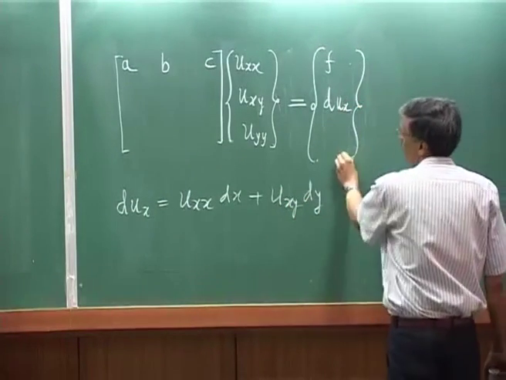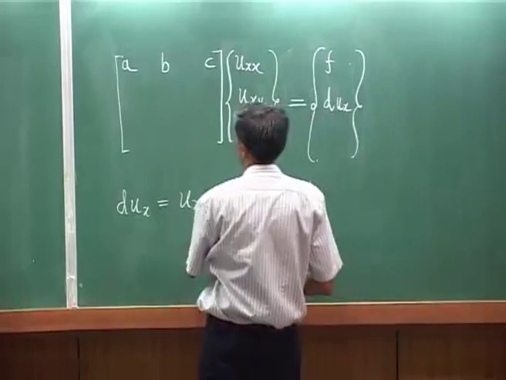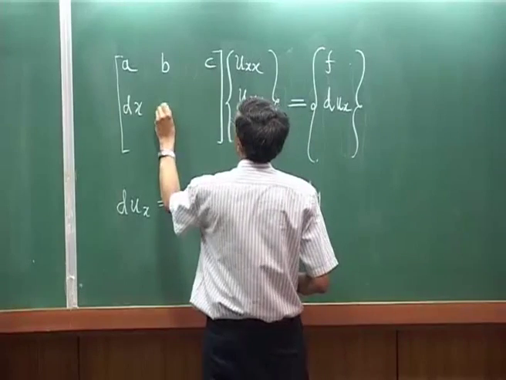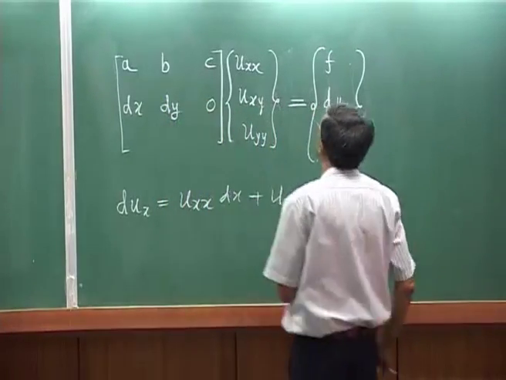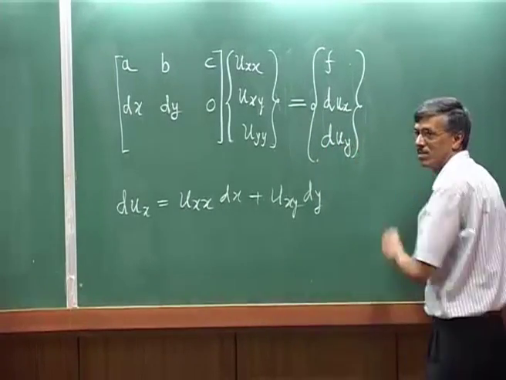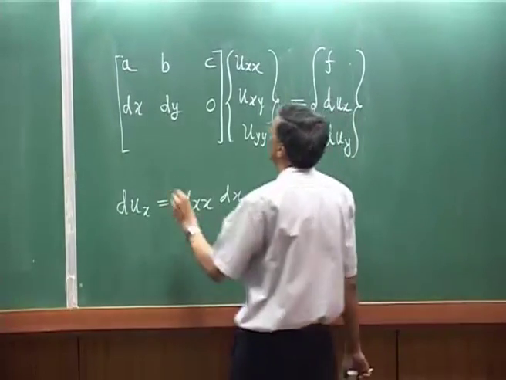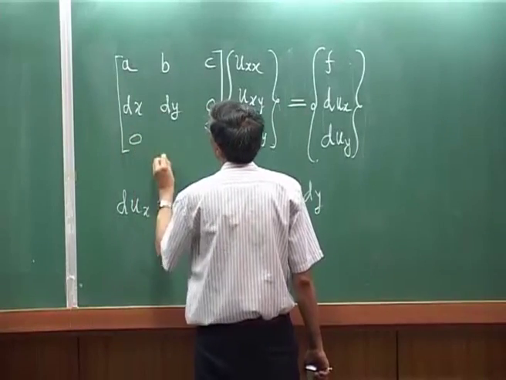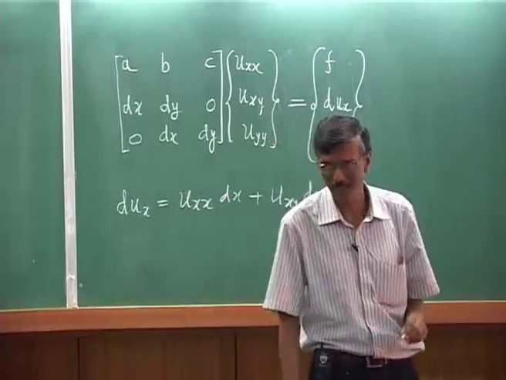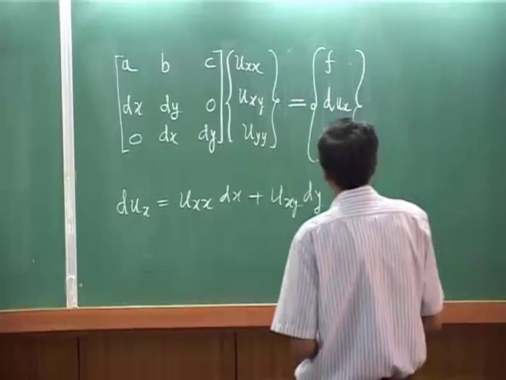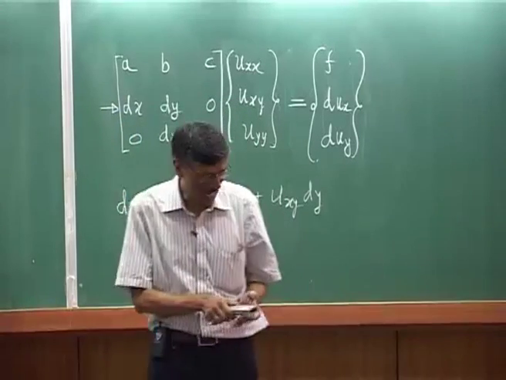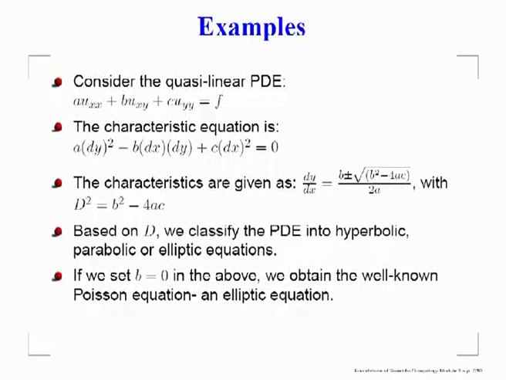So, the second equation of course will have a coefficient dx here, and here we will get dy, and here we will get 0, and the same way the third equation we will write down is du_y, and that will have 0 here and dx here and dy here. Okay. Now, you can investigate the determinant of this matrix, and that gives you this equation.